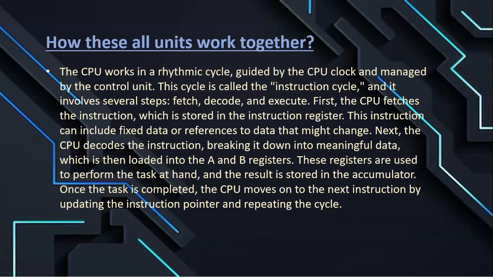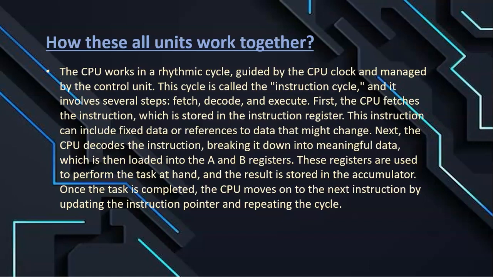How do these all work together? The CPU works in a rhythmic cycle, guided by the CPU clock and managed by the control unit. This cycle is called the instruction cycle, and it involves several steps: fetch, decode, and execute. First, the CPU fetches the instruction, which is stored in the instruction register. This instruction can include fixed data or references to data that might change.